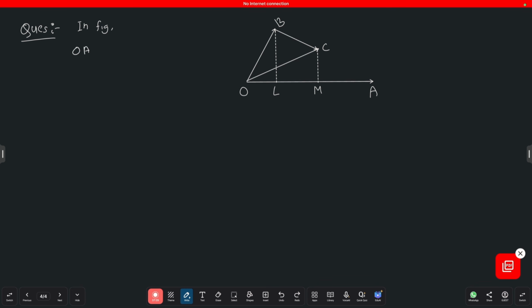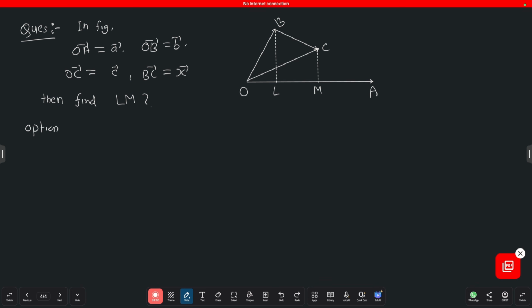Suppose OA vector is small a vector, OB vector is small b vector, OC vector is small c vector, BC vector let's say x vector. Then find LM.